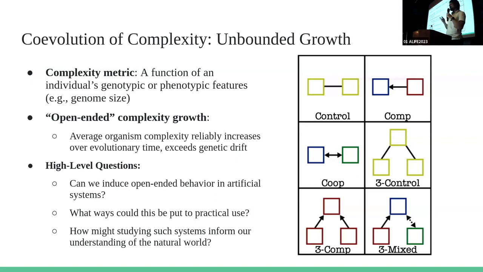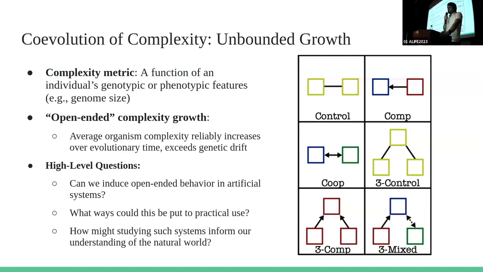So high-level questions have to be asked about this sort of thing. Can we reliably induce open-ended behavior in artificial systems? There are many different systems shown exhibiting certain aspects of open-endedness. We're focused here on this growth of complexity over time.